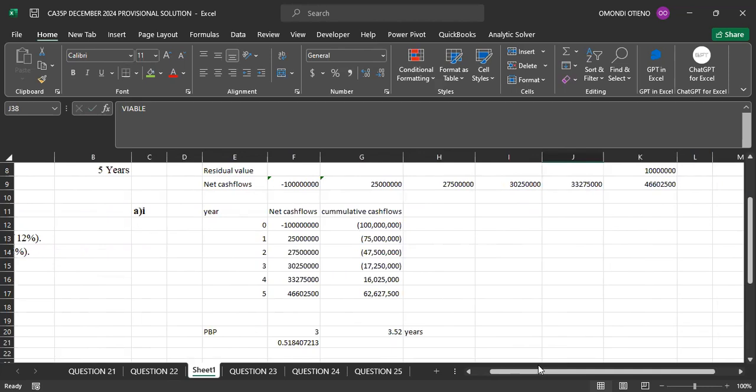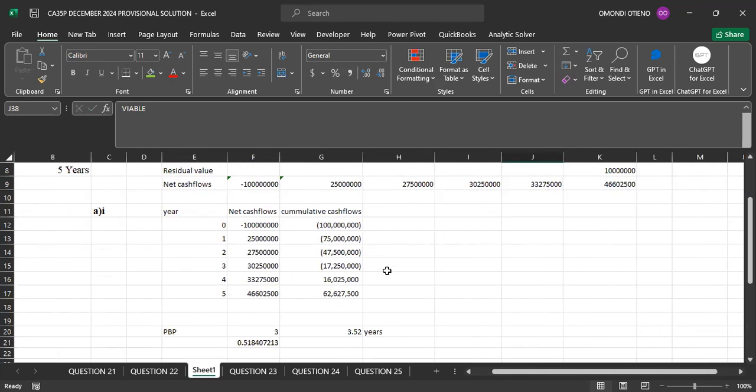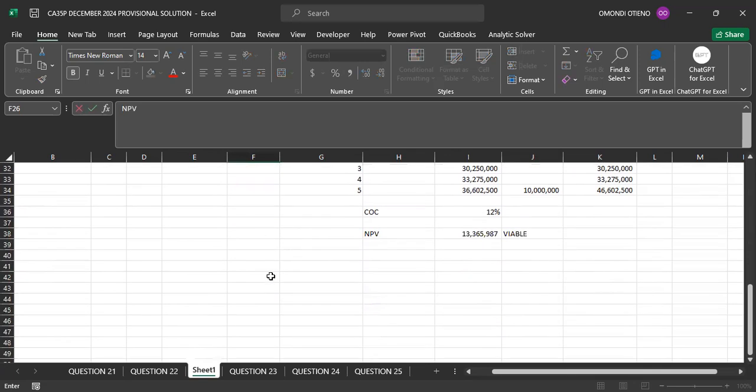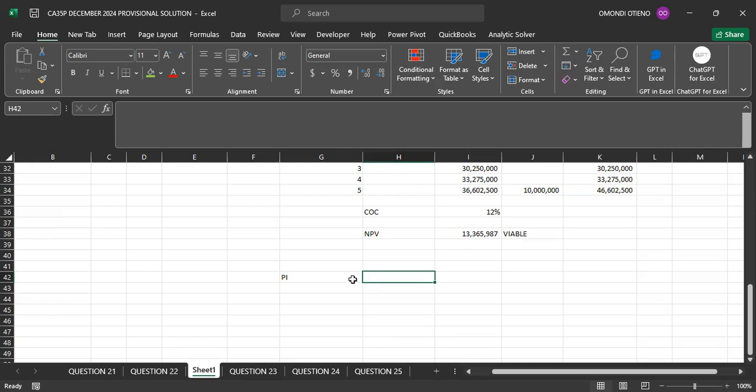Profitability index, or PI, is equivalent to the summation of present values divided by initial outlay.